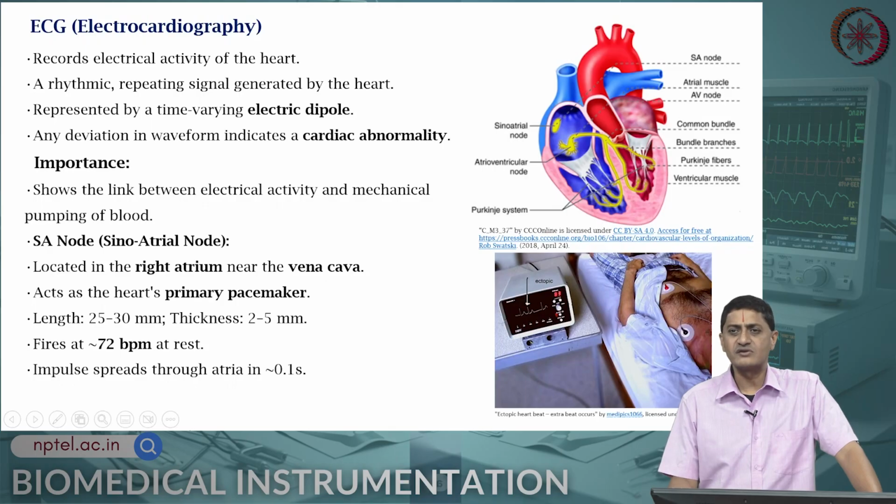The detailed cardiovascular physiology is beyond the scope of this class, but briefly, oxygenated blood reaches the left atrium and deoxygenated blood reaches the right atrium, and when the atria contract, the atrioventricular valves, there are two such valves, one is a bicuspid valve, the other is a tricuspid valve, open and fill the ventricles, and after the ventricles fill, the ventricles start contracting.